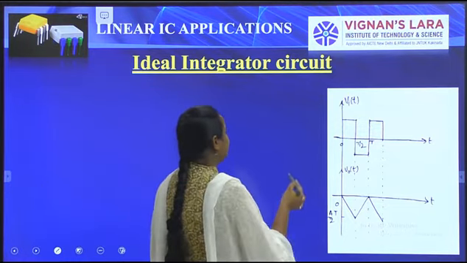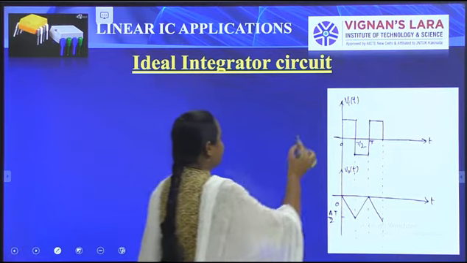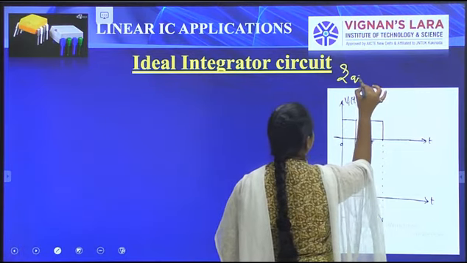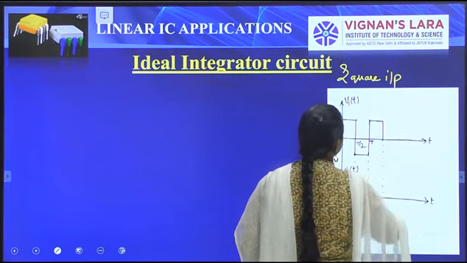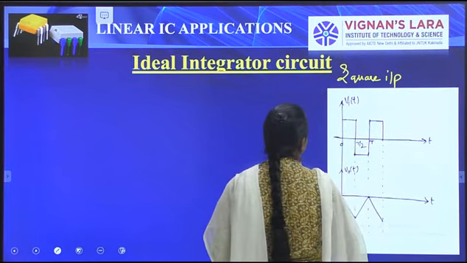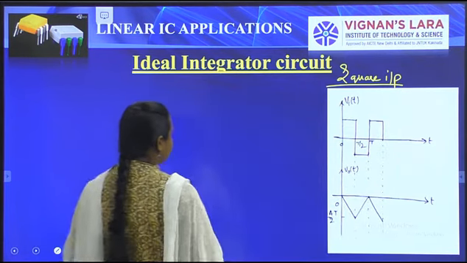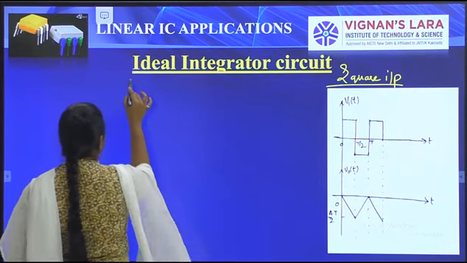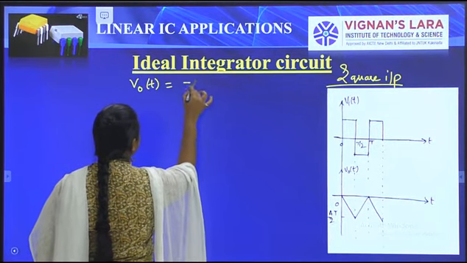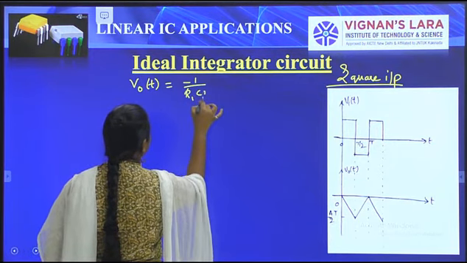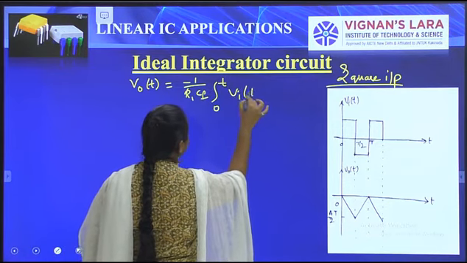Square input. Here we are giving the square input. By using the square input, what is the output present at the circuit? So here we have V output of t is equal to minus 1 by R1 CF integral 0 to t Vi of t into dt.